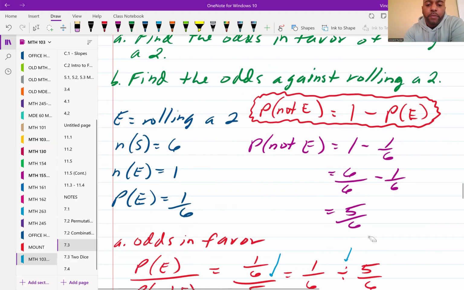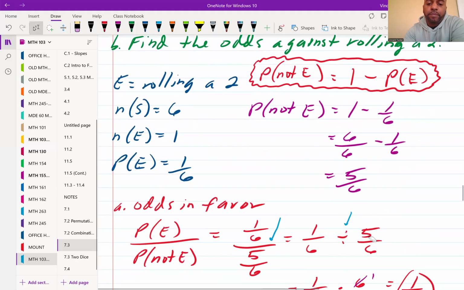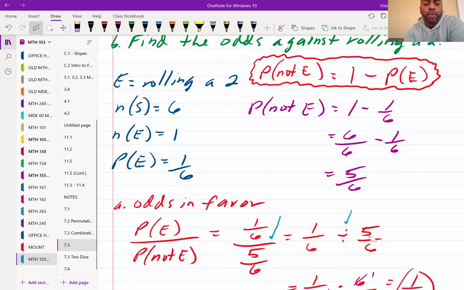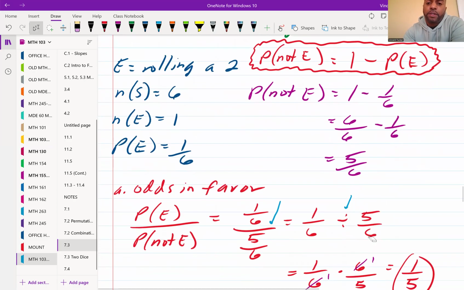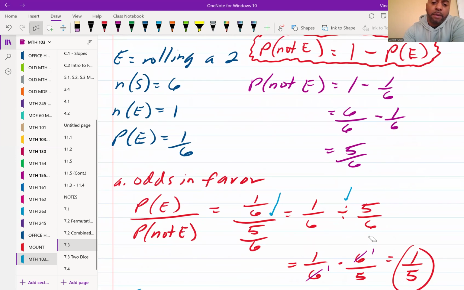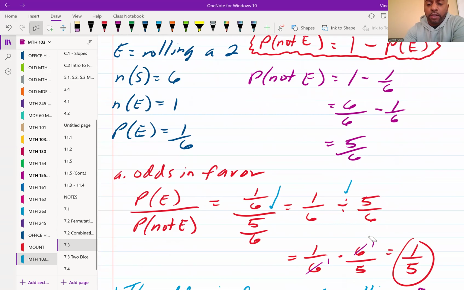All right. So to calculate odds in favor, take the probability of your event and place it over the probability of your event not occurring. So that's 1 over 6 divided by 5 over 6. Notice that those 6's will cancel, because whenever you divide by a fraction, you multiply by the reciprocal. So it's 1/6 times 6/5. The 6 is canceled, leaving you with 1/5.